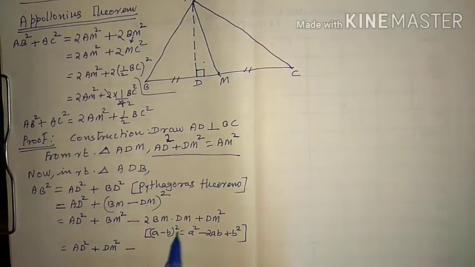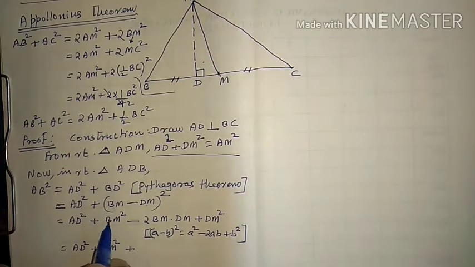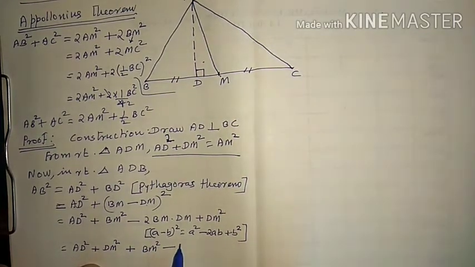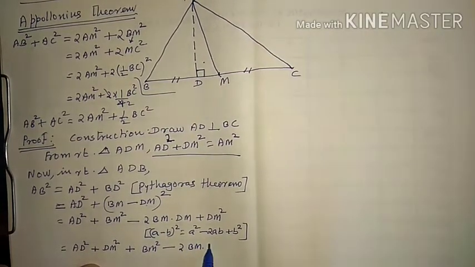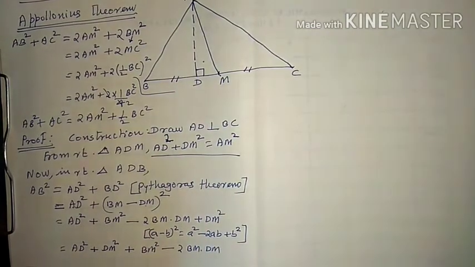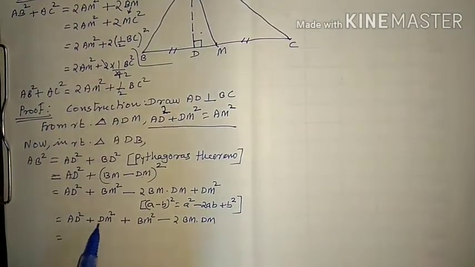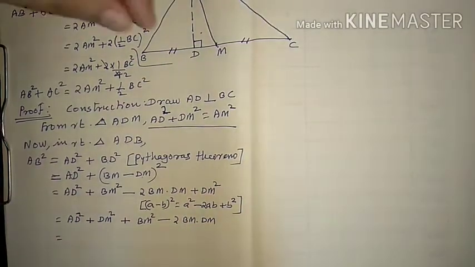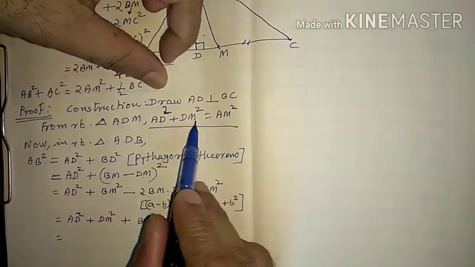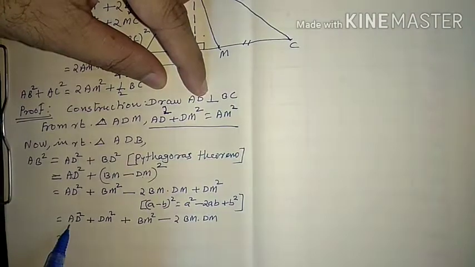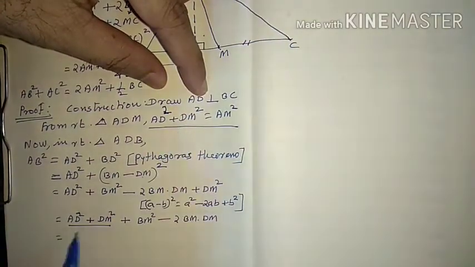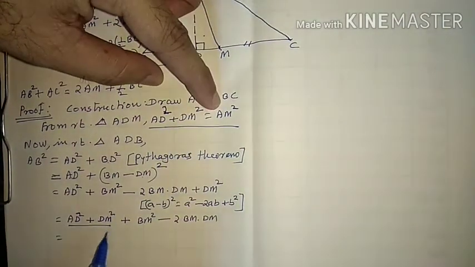DM square, then plus this BM square, minus this 2 BM into DM. Now carefully see what this is. AD square plus DM square is equal to AM square. These two together, AD square plus DM square, is AM square.